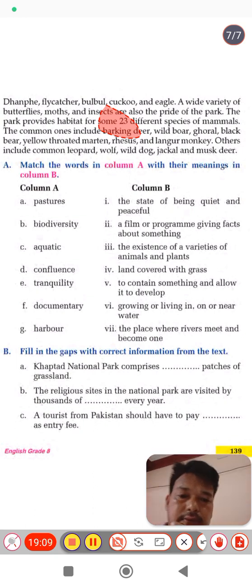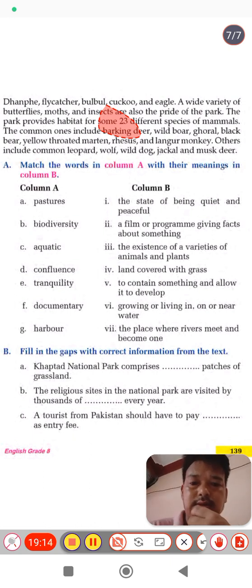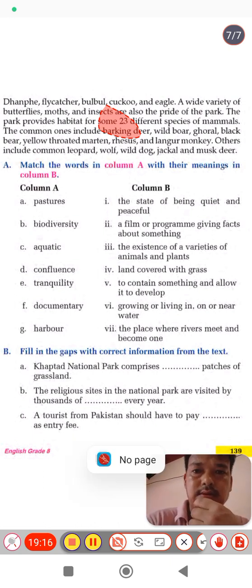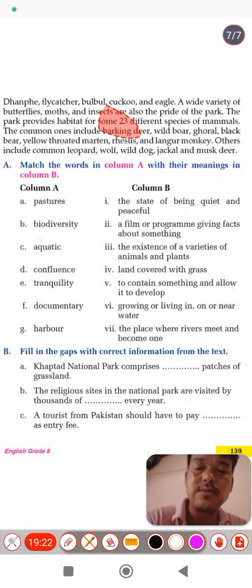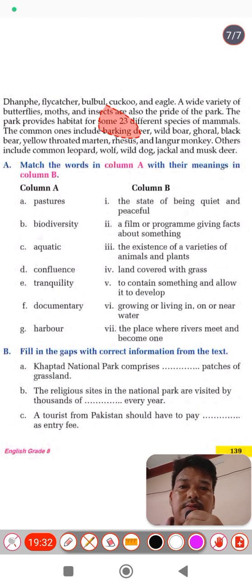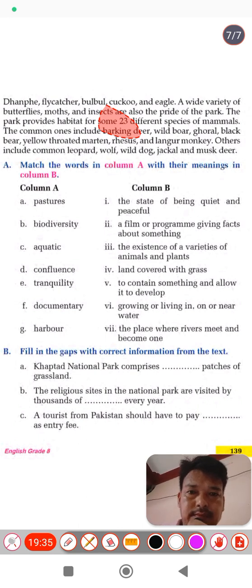Now we are at the final phase. Okay, so here is the text. Daffy, flycatcher, babool, cuckoos, and the eagle, a wide variety of butterflies, moths, and insects are also the pride of the park.